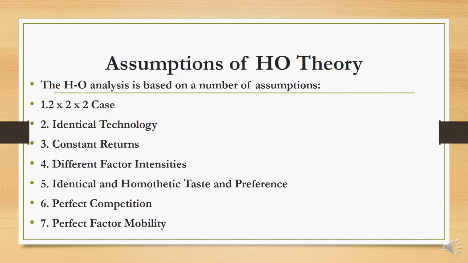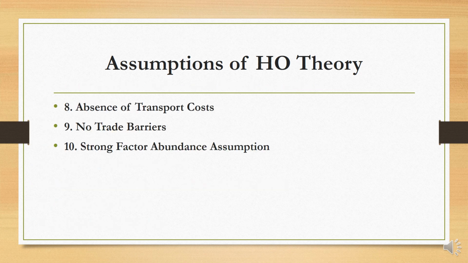Constant returns. Different factor intensities. Identical and homothetic tastes and preferences. Perfect competition, perfect factor mobility. Absence of transport cost, that is no transportation cost. No trade barriers. Strong factor abundance assumptions.